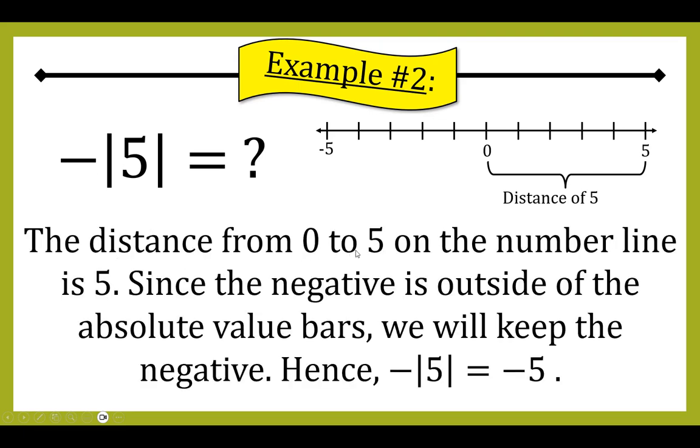So the distance from 0 to 5 on the number line is 5. Since the negative is outside of the absolute value bars, we will keep the negative. Hence, negative absolute value of 5 equals -5. And again, that negative is right on the outside of the absolute value bars. So my answer is -5.